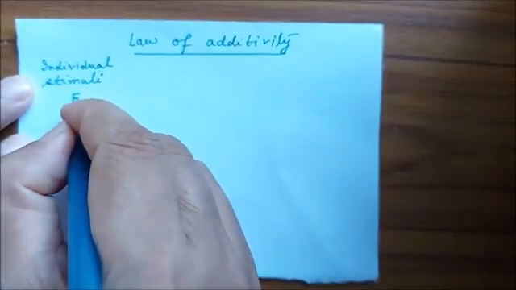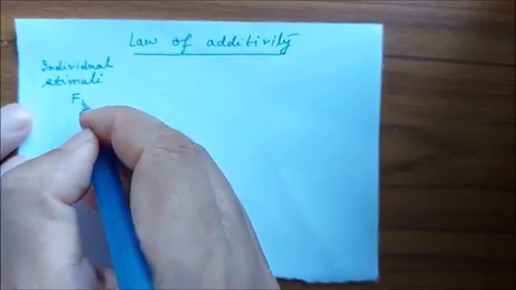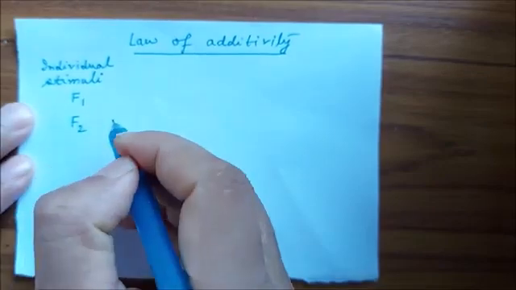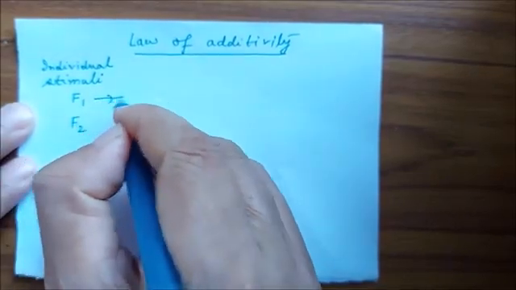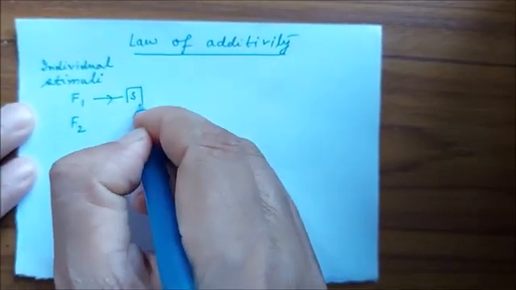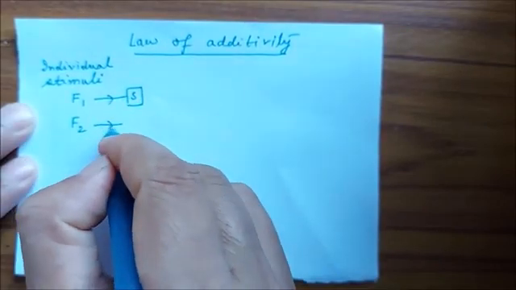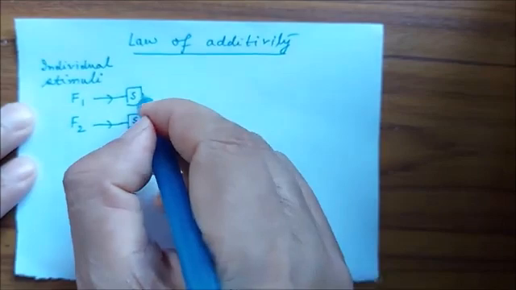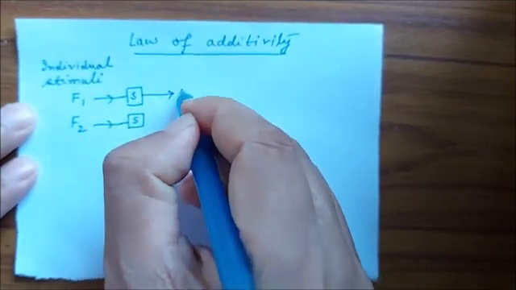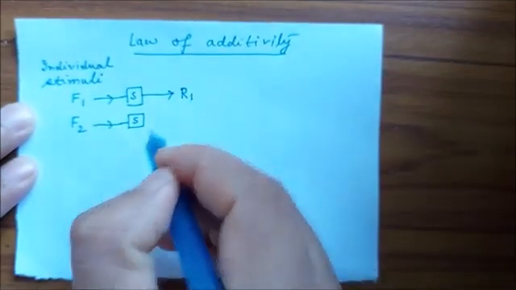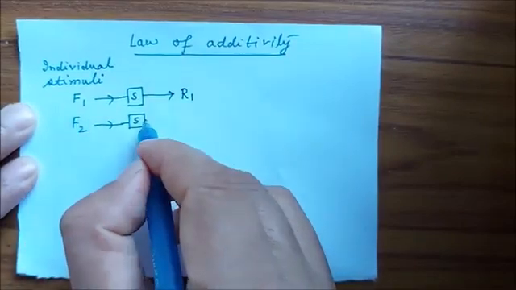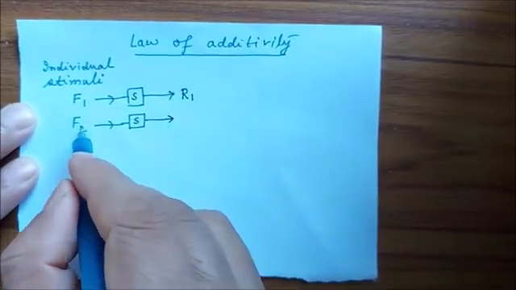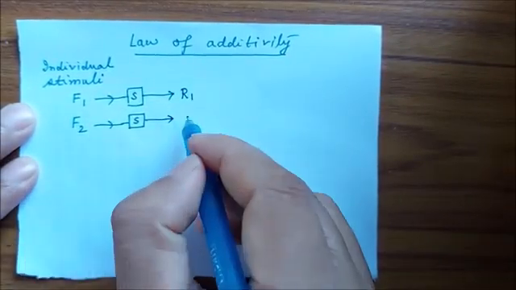So the individual stimuli are, or the forces are F1 and F2, and they are applied to the system. And the response that we get are R1 for F1, and the response of force F2 or stimuli F2 is R2.